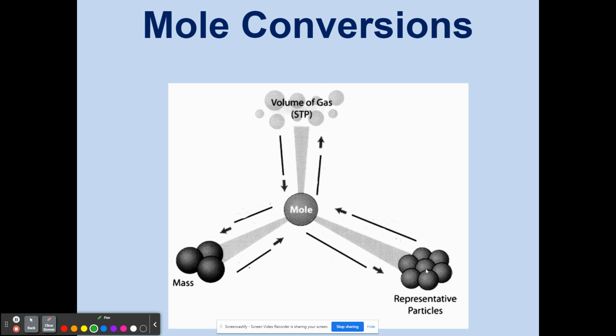So if I go from particles to moles, I know it's going to be 1 mole over 6.02 times 10 to the 23rd. Then I'm going to go from moles to volume. So I know it is 22.4 liters over 1 mole. Okay. So those are the two fractions or conversion factors that I'm going to use.